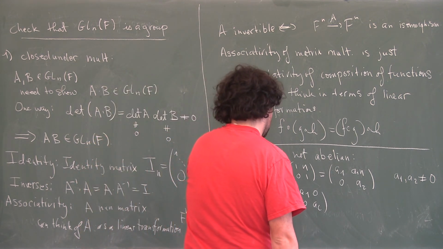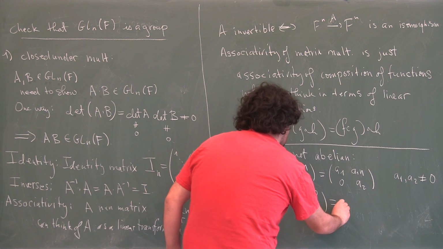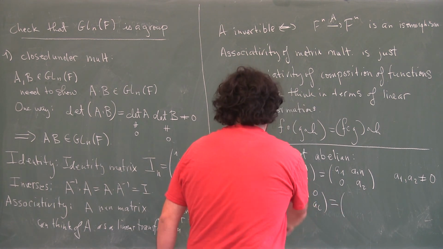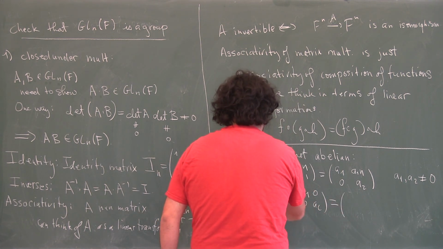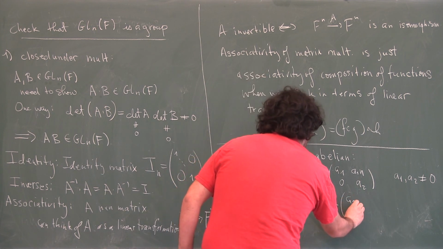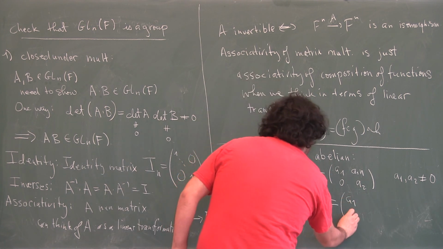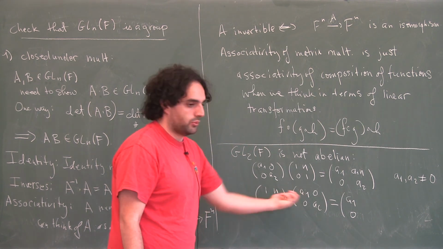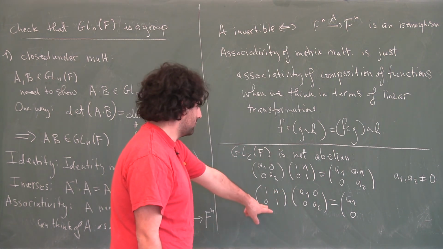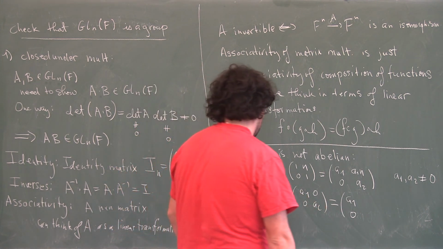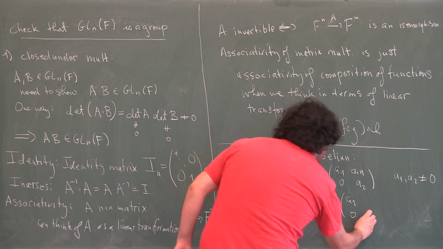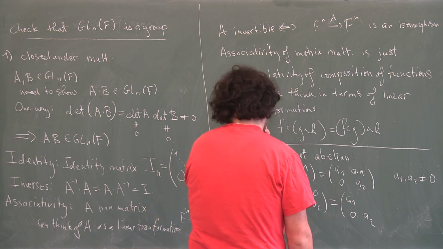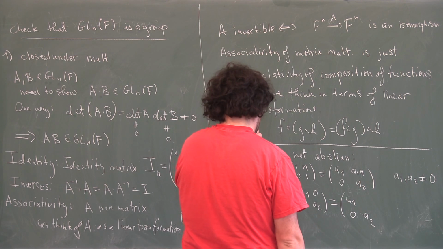All right, now let's multiply this way. So we have A1 here. Remember, the product of two upper triangular matrices is always upper triangular. So I know there's going to be a 0 there. And then A2.